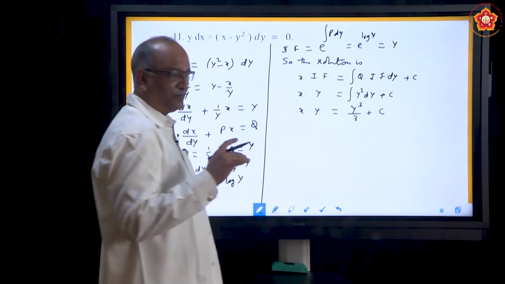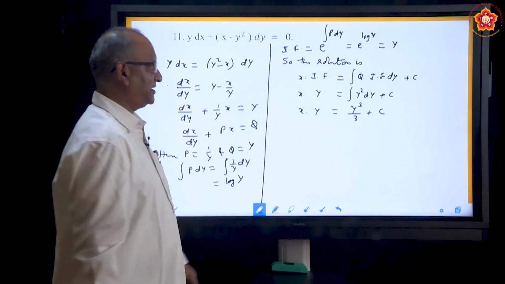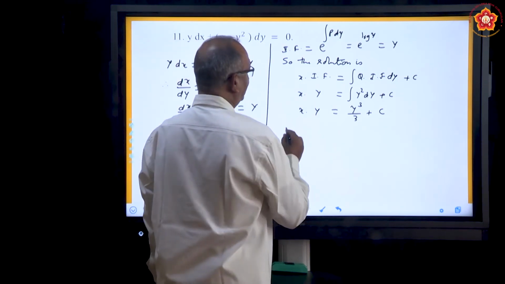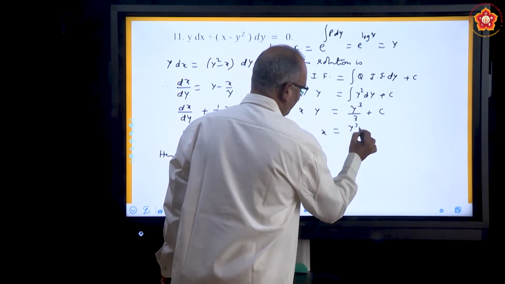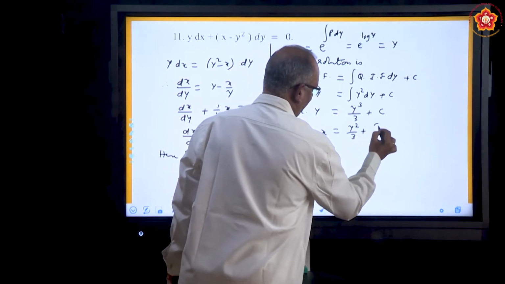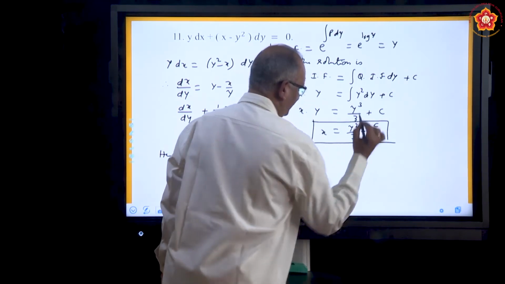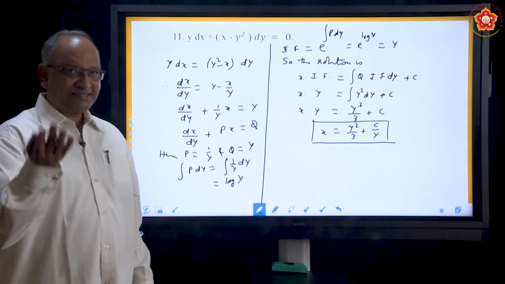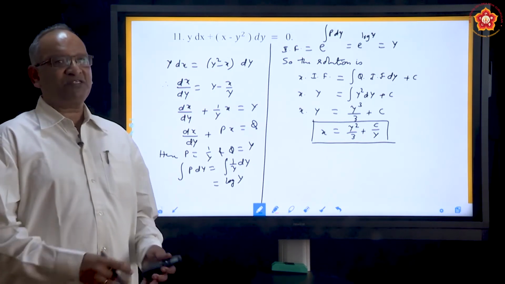Generally, we write y in terms of x in the other equation. Here we can write x in terms of y. So, what do you get? You can say x is equal to y square by 3 plus c by y. This is the answer. So, this is the second type of equation. In what way is it different from the first one?